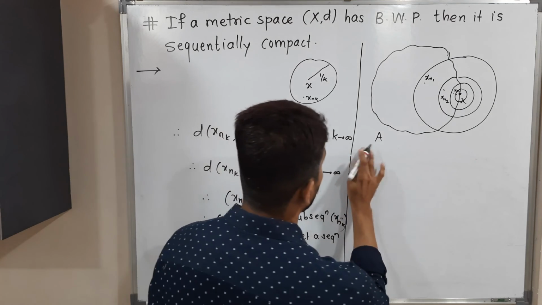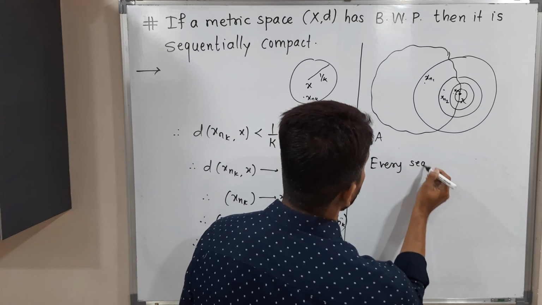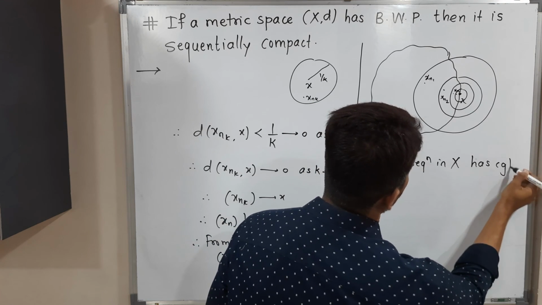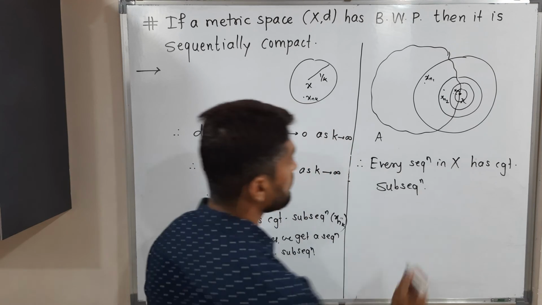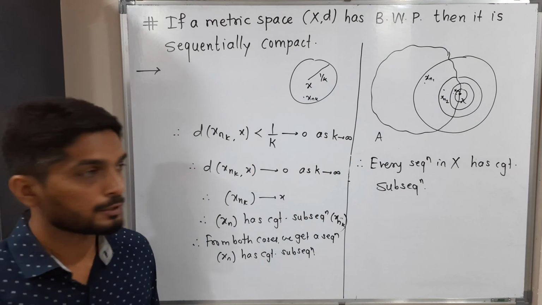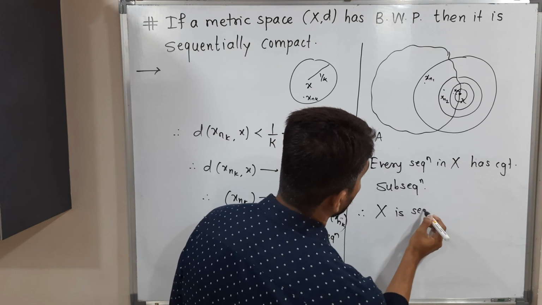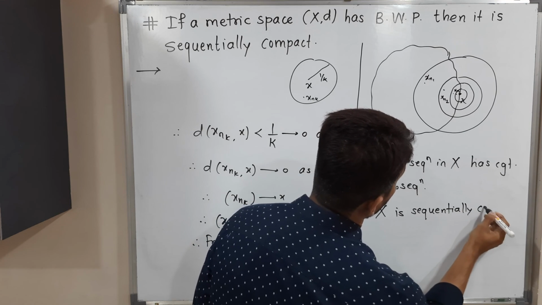So therefore every sequence in X has a convergent subsequence, and this is the definition of a sequentially compact metric space. So therefore I can declare X is sequentially compact. Getting? X is sequentially compact.